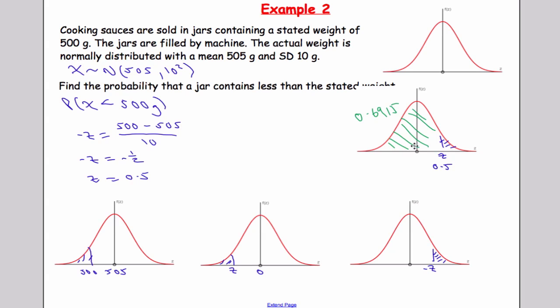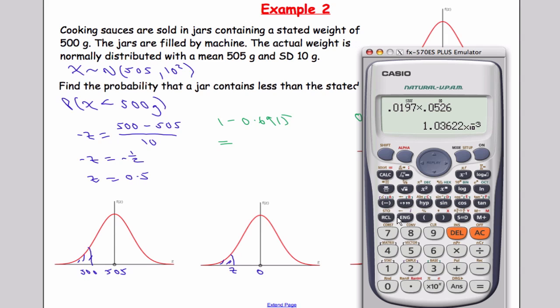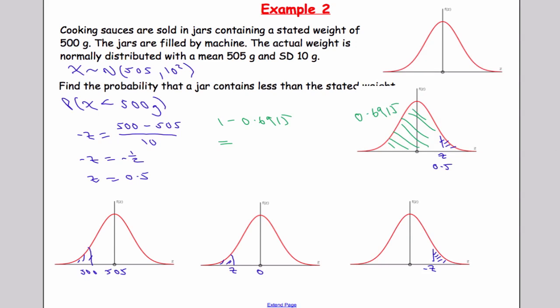So actually, this area, because I used the regular part, is 0.6915. If I want to get the blue region, I do 1 minus 0.6915. So let's take out the calculator here. 1 minus 0.6915 gives me 0.3085.